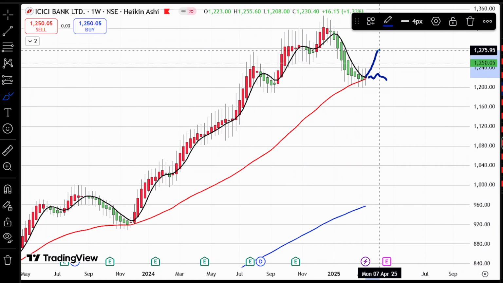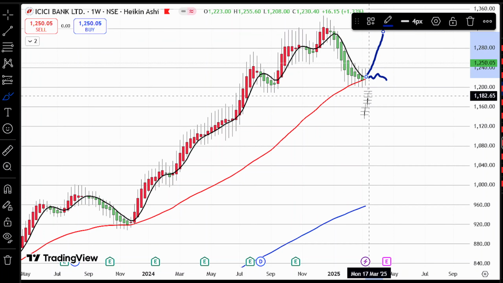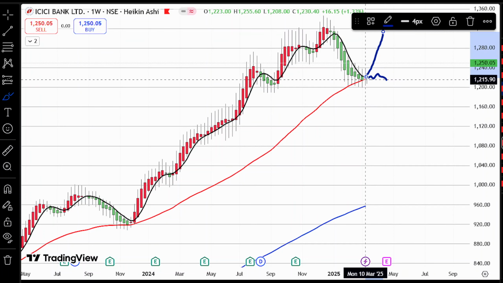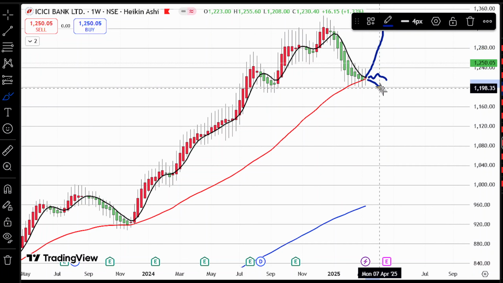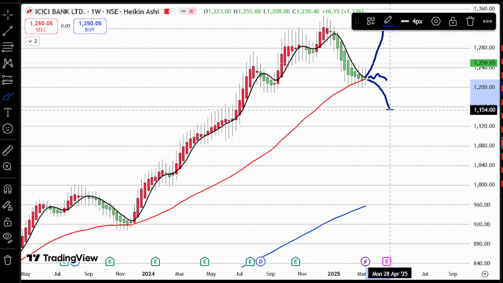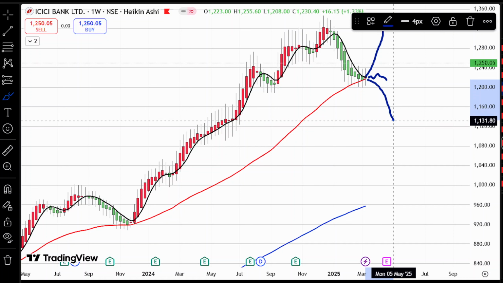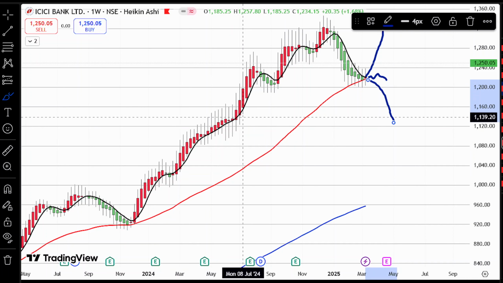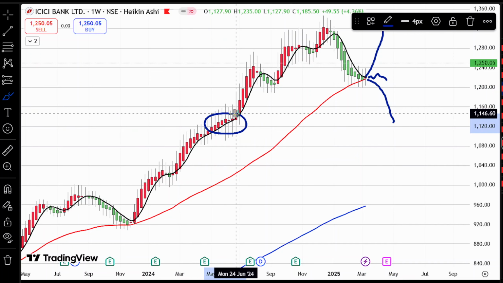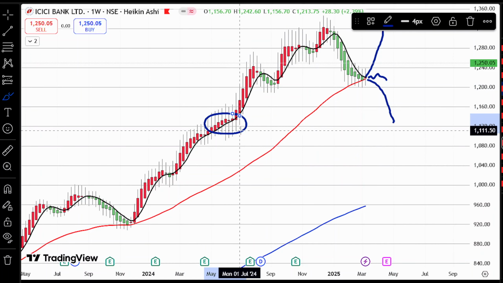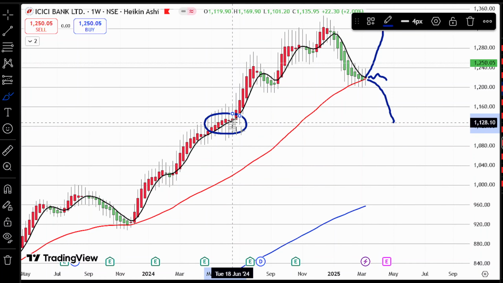This is one of the possible things that might happen: breakout and continue upwards to retest the highs, or something happens and it starts coming down. If it really comes down, it should be somewhere here before it gets another small support here. As you can see, there are a lot of wicks here. The more wicks there are, the more possibility that there is some kind of support or resistance area.